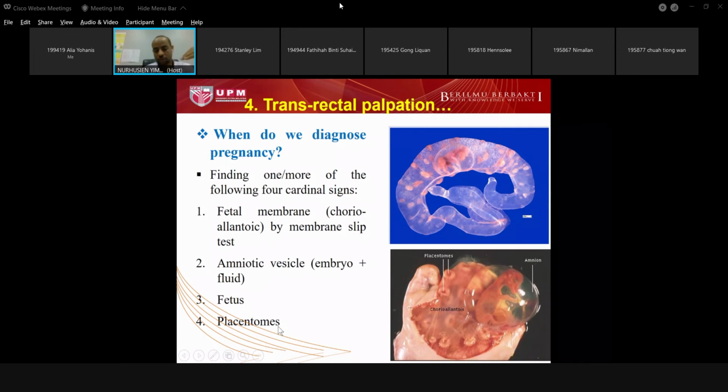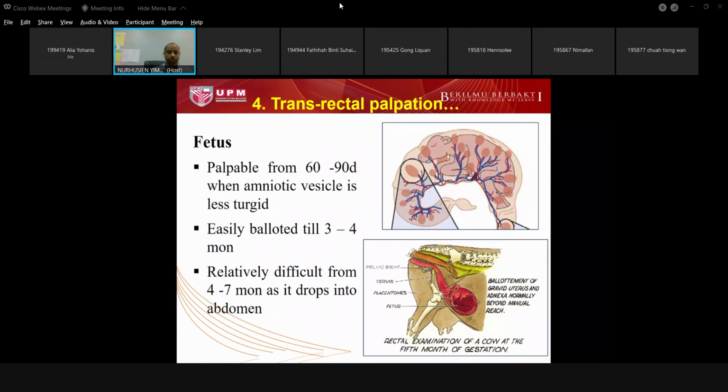It takes time for placentomes to be appreciated by rectal palpation, until they become palpable, or easily appreciated by palpation through the rectum. From that time onwards, you can rely on checking the placentomes to confirm pregnancy.